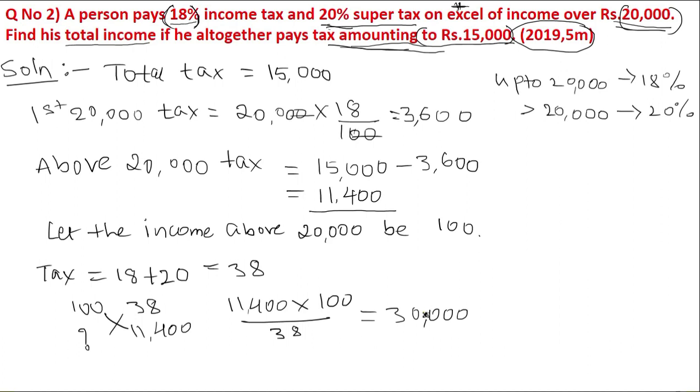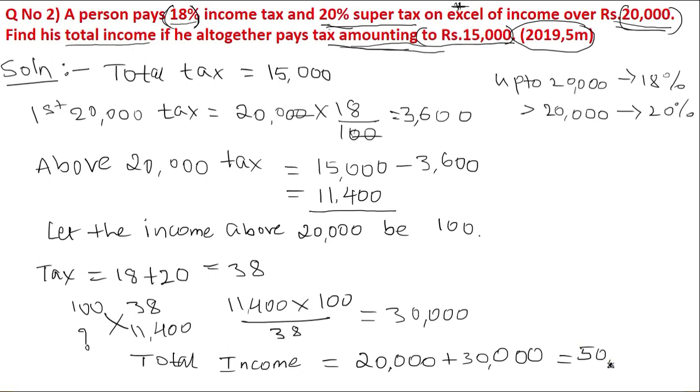Okay, so this is the 30,000. The 20,000 income is already got. So what is the total income? The total income is equal to the initial 20,000 plus this extra 30,000 on which he is paying super tax. So 20,000 plus 30,000, it will be how much? 50,000.